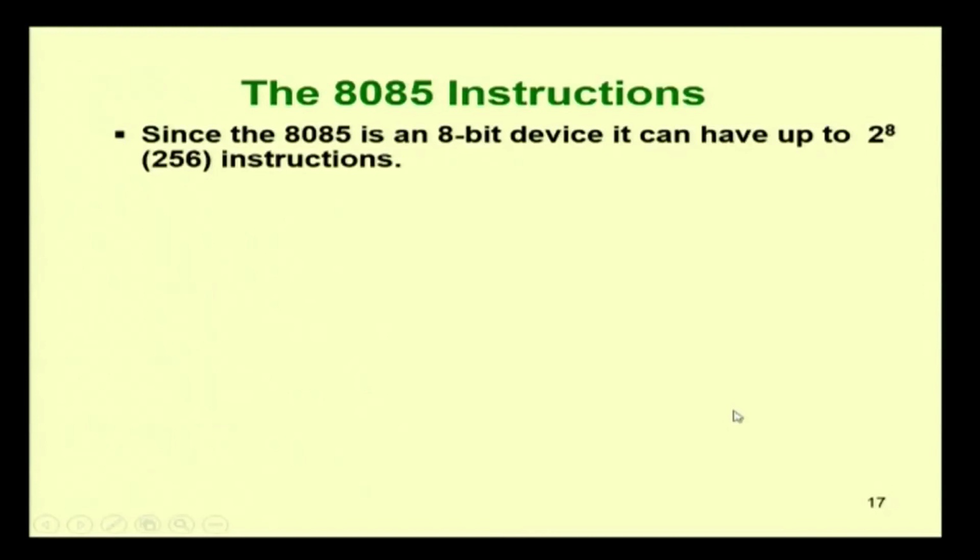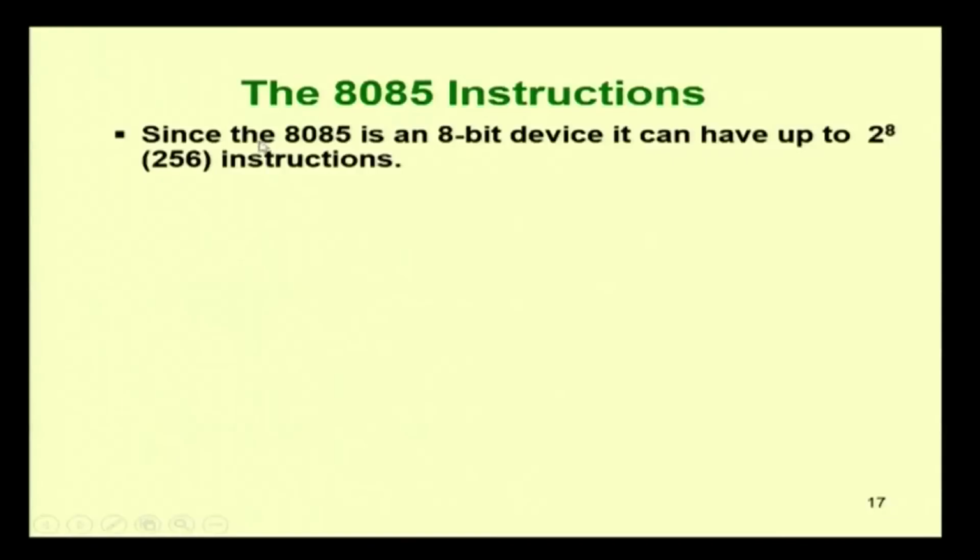Now, we will see the various instructions available with the 8085 microprocessor. It is an 8-bit microprocessor, so instructions are given in the form of a binary code. The microprocessor cannot understand any language, it can understand only binary numbers. So, the instructions are given as an 8-bit binary code.